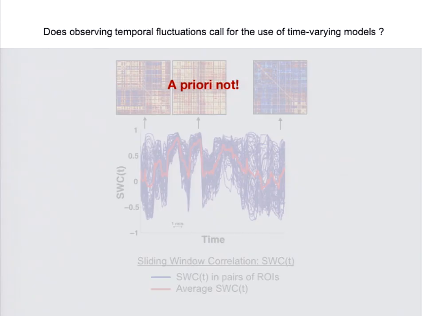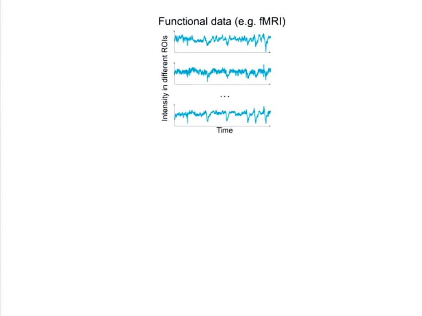This was for the toy example, and let's now come back to our application, which is, again, focusing on functional data and time series. What are we doing when we have a static representation of functional connectivity? We use the correlation and we assume that all the functional connectivity information is encoded in this single correlation matrix.